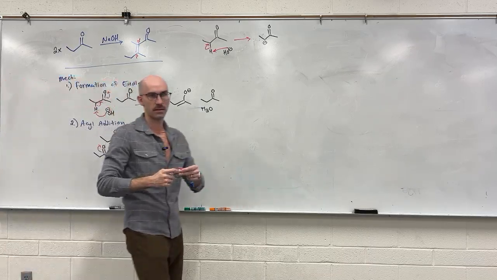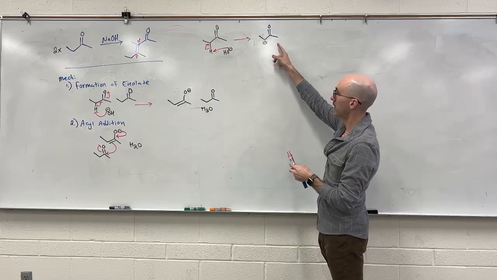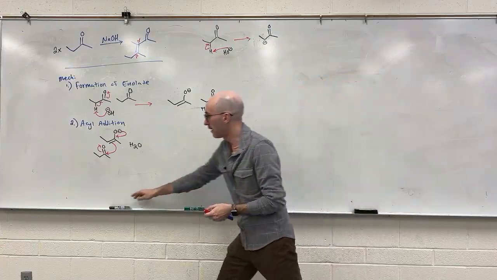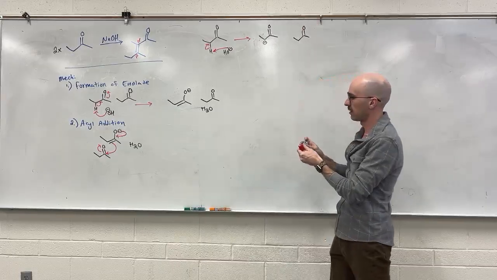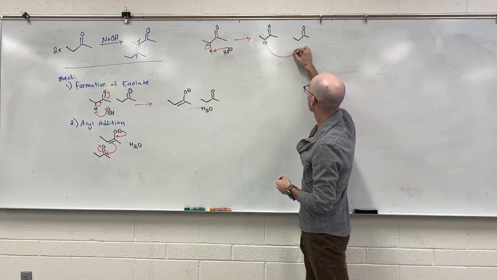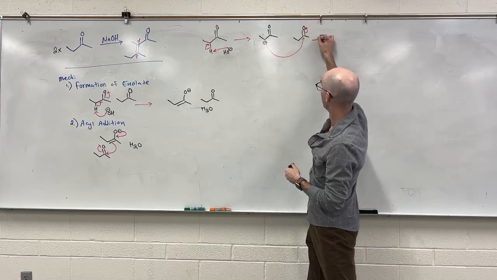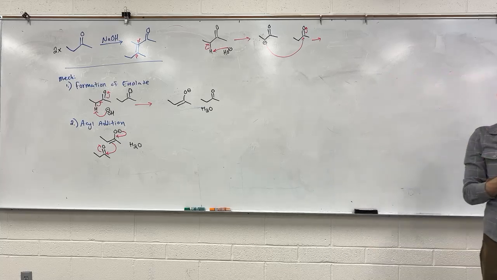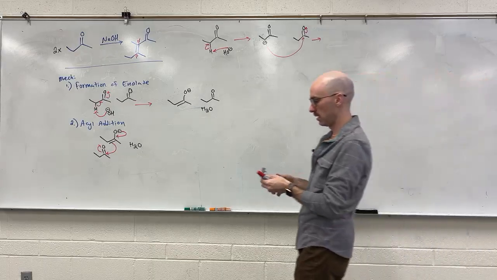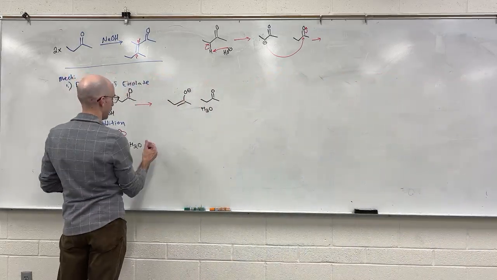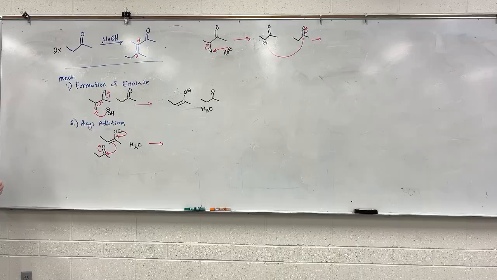Again, if you're looking at it from this resonance form, you can see it a little bit more clearly how it attacks from the alpha position. I think it's more interesting to look at the major resonance form, but I do understand in this mechanism it can be a little confusing to understand the arrows.